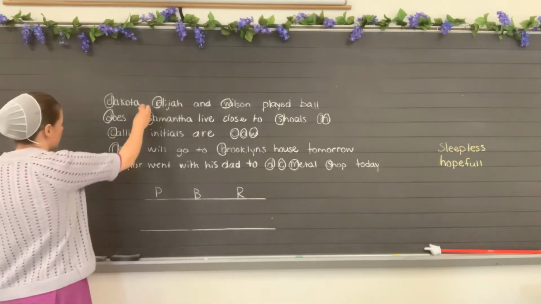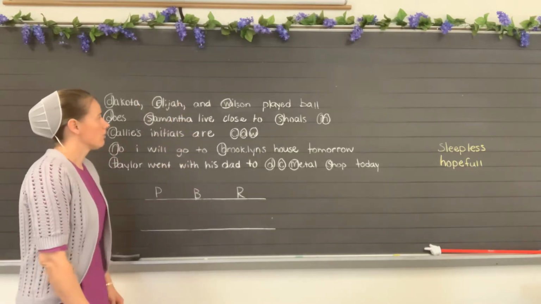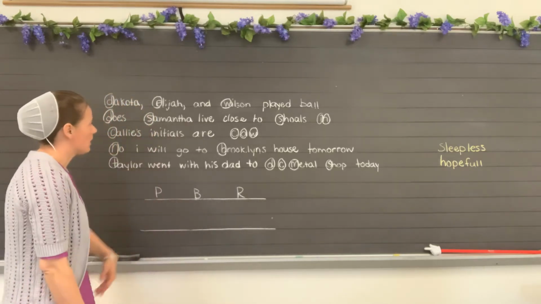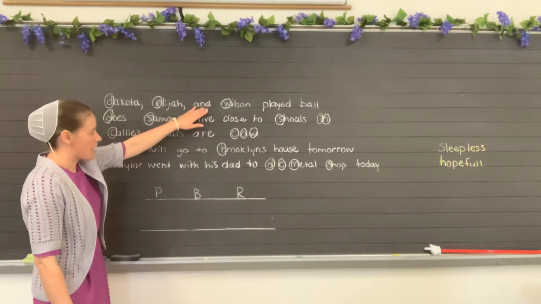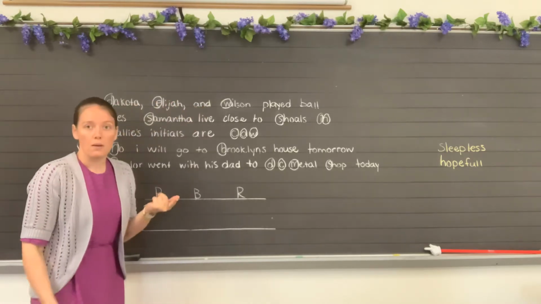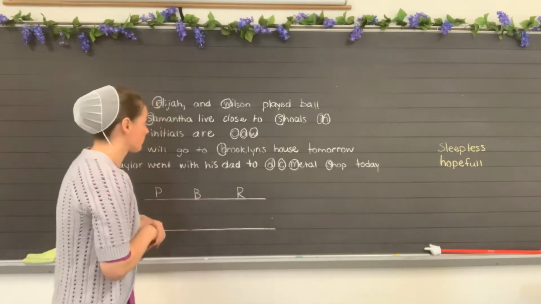So Dakota will get a comma after, and Elijah will get a comma after. Do we put one after "and"? I don't think so, because whenever you have "and," you will only put commas before it, and after "and" does not get one.